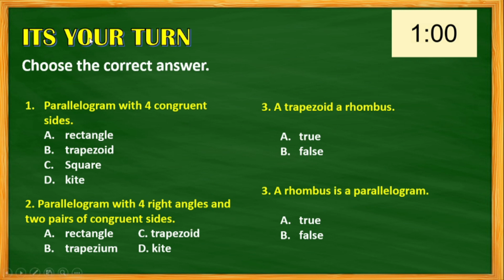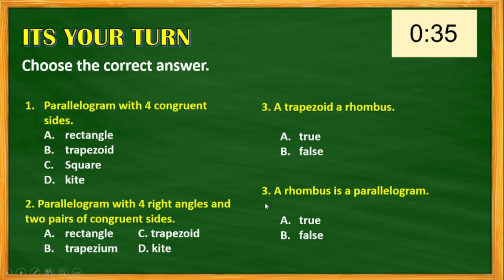So it's your turn. You have to answer this one. You have 1 minute. We have 4 questions. Your timer starts now. For number 1, parallelogram with 4 congruent sides, either A, B, C, D. Number 2, parallelogram with 4 right angles and 2 pairs of congruent sides, A, B, C, D. And for number 3, trapezoid, a rhombus.